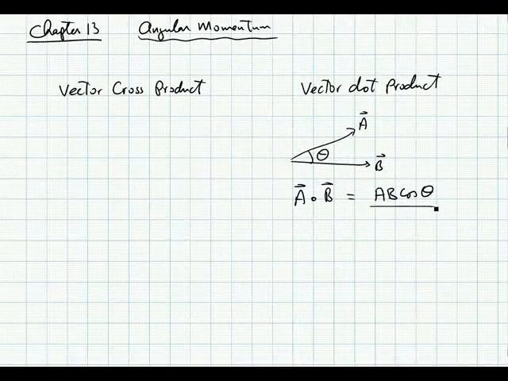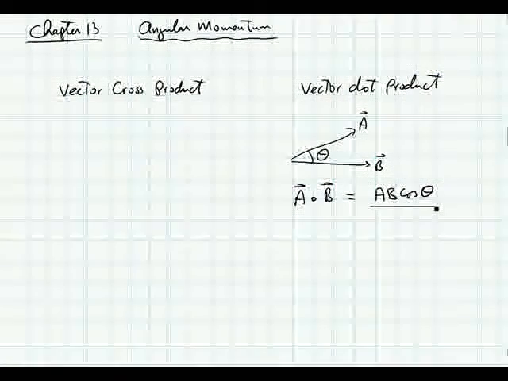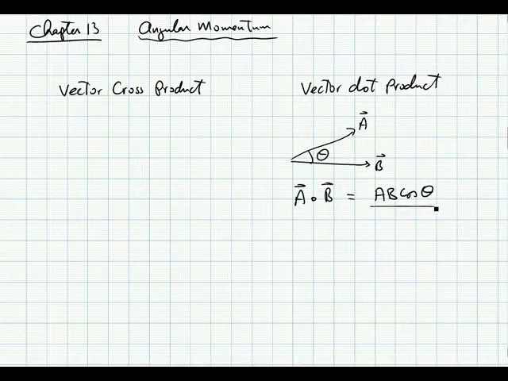The answer is scalar. It has no direction associated with it, and its magnitude is given by AB cosine theta.